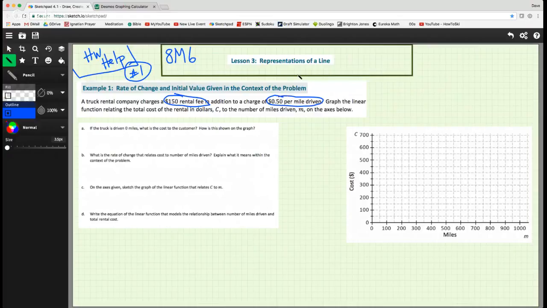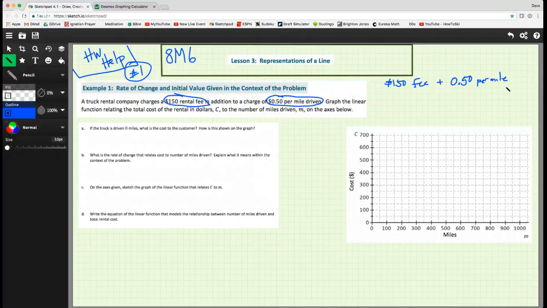So if you drive 1 mile or 100 miles or 1,000 miles, you have to pay this $150 fee, plus 50 cents or half a dollar, $0.5 per every mile, per mile.